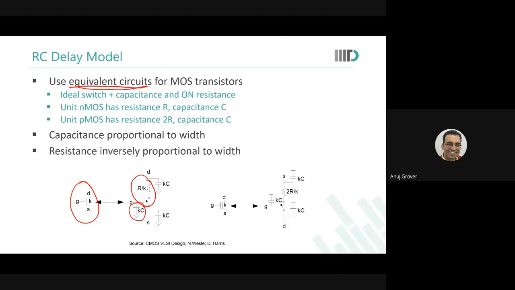Because in our institute we have 65 nanometer technology. So can we use the 65 nanometer paradigm and say that okay, PMOS is half as slow as the NMOS? Can we do that? Yes, sir. So if we do that, then the resistance of the PMOS is double that of an NMOS. Other things remain same. Am I right?